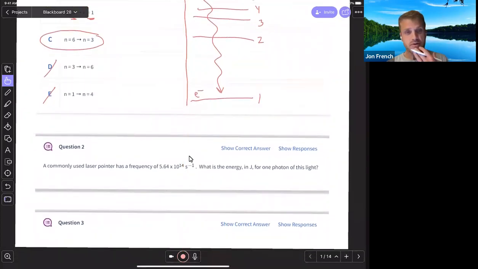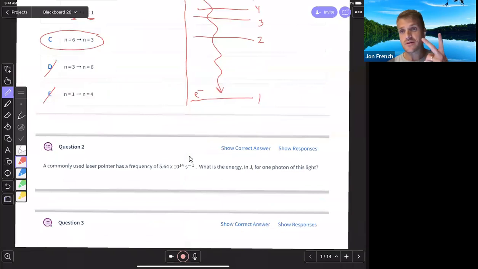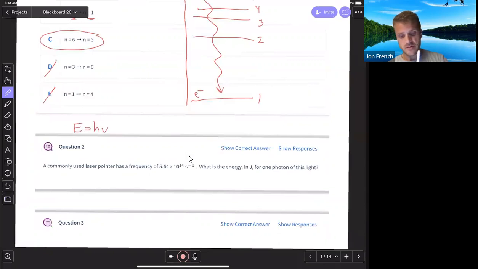Yeah, so question 2 is going to be our standard. I gave you frequency, we're asked for energy, so we should think there are only 2 equations that calculate energy. There's only one equation that relates energy and frequency directly, and that is energy equals Planck's constant times my frequency.